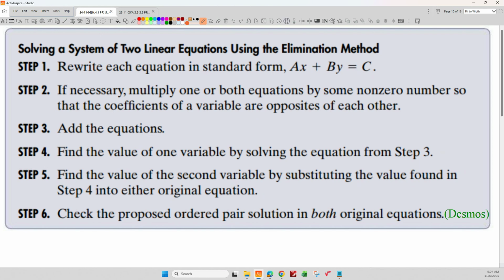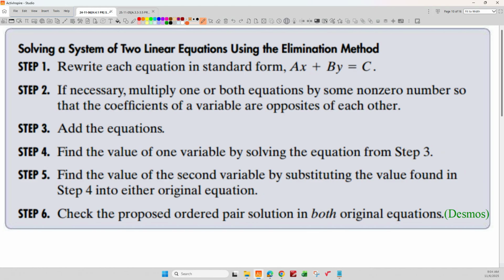We want to do this to both of the equations in the system, and then our goal is to line them up in such a way that we could multiply both sides of one equation, or maybe even both equations, so that either the coefficients of x are opposites or the coefficients of y are opposites.